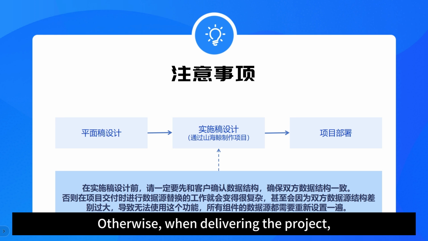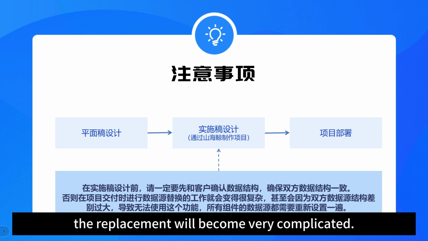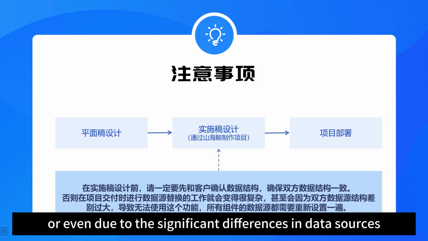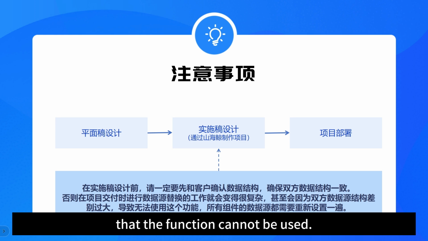Otherwise, when delivering the project, the replacement will become very complicated, or even due to significant differences in data sources, the function cannot be used. All the data sources of all components need to be reset.